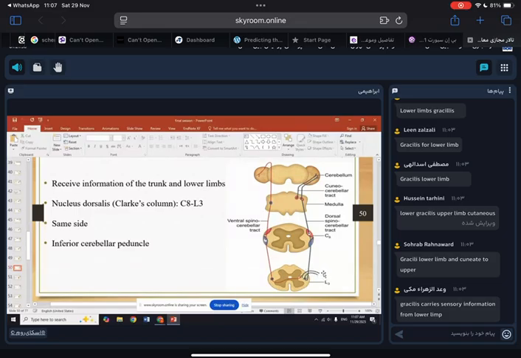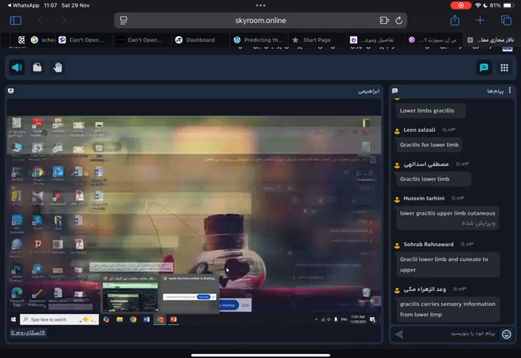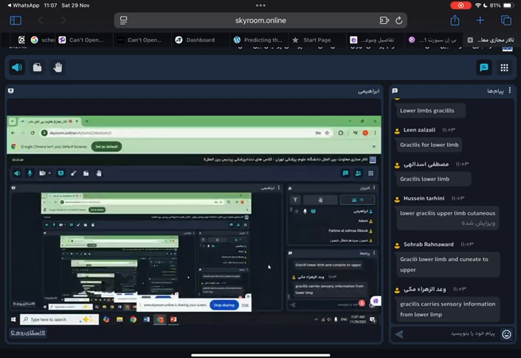And this part is the anterior spinocerebellar. Okay. Tell me, what are the differences between them? Tell me about the differences between posterior spinocerebellar and anterior spinocerebellar.